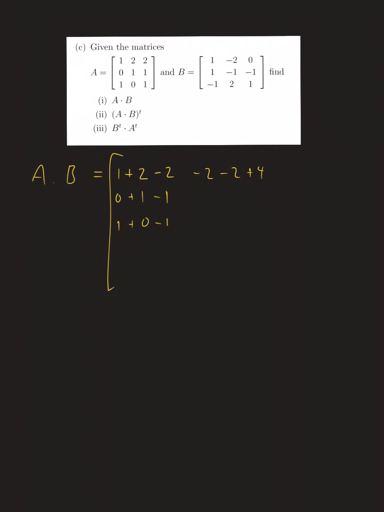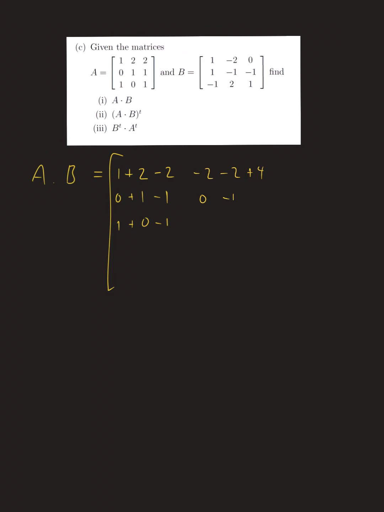Then second row, 0 times minus 2 is 0, 1 times minus 1 is minus 1, and 1 times 2 is 2. And I'm just going to fill in the rest of them now. If you add all those up, you'll find that what you have is 1, 0, 0, 0, 1, 0, 0, 0, 1, which is the 3 by 3 identity matrix.